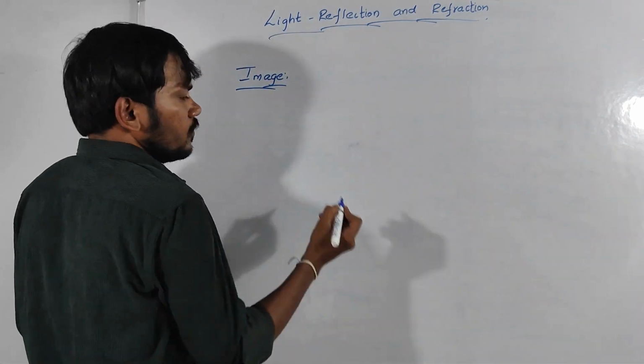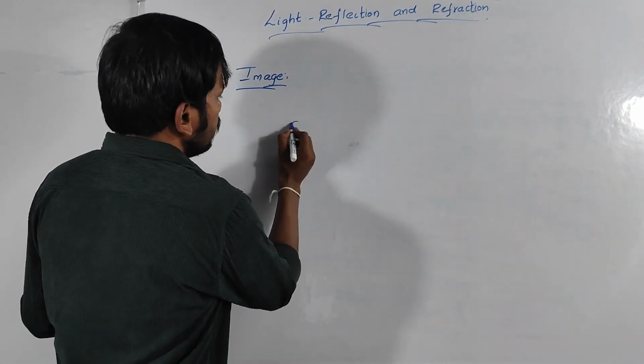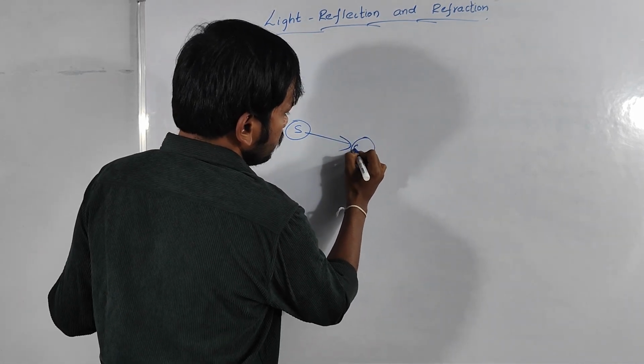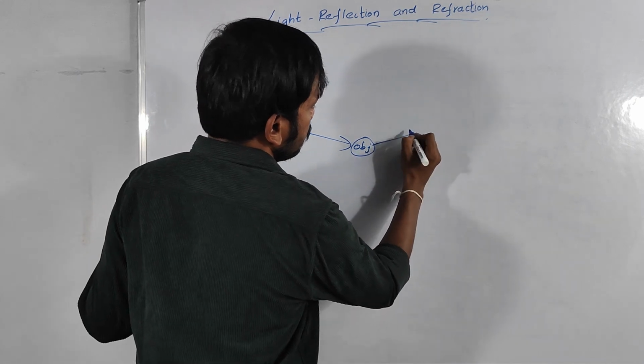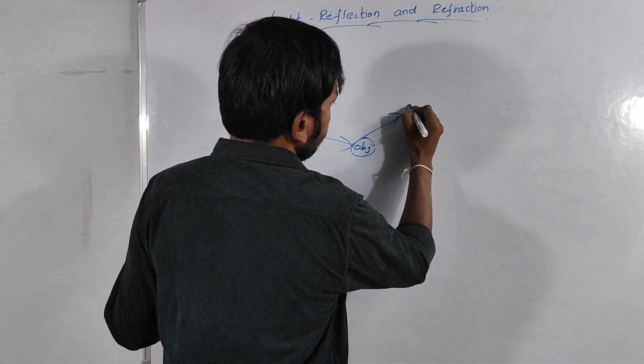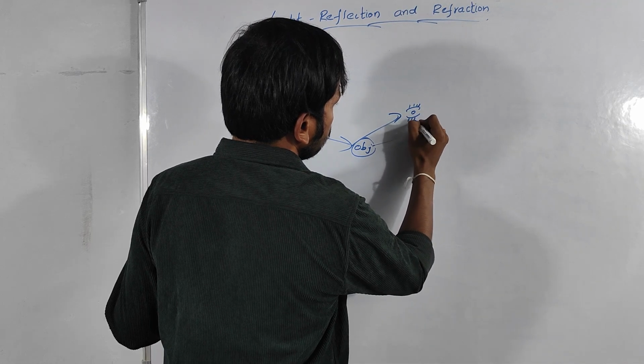What have we studied up to now? There is a source where the light comes from. It is incident onto the object, and from there when it is reflected onto the naked eye, we are able to see it.